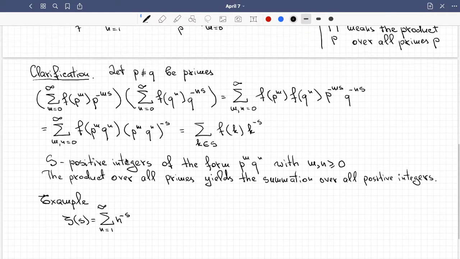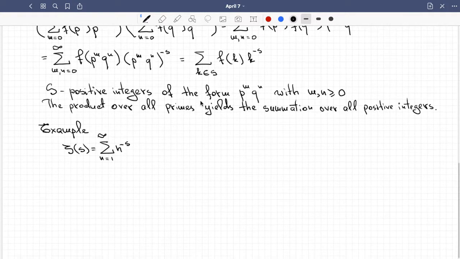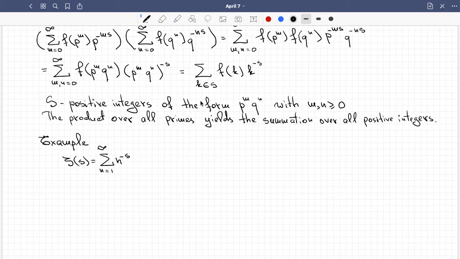And according to this product decomposition, it should be a product of sums where m runs from 0 to infinity.